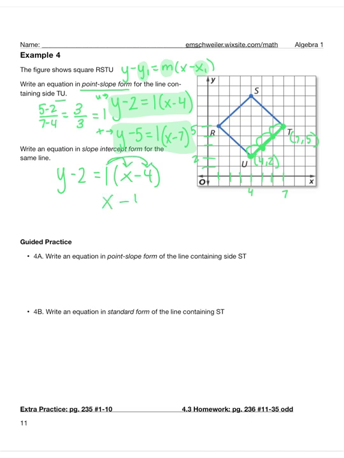So it'd be x minus 4. And then we would add 2. And that would be your answer right there for the equation written in slope-intercept form.